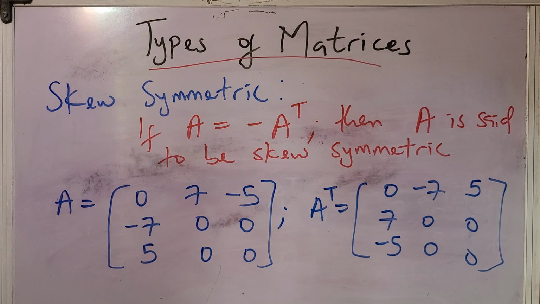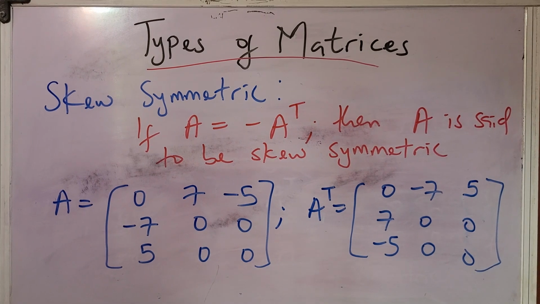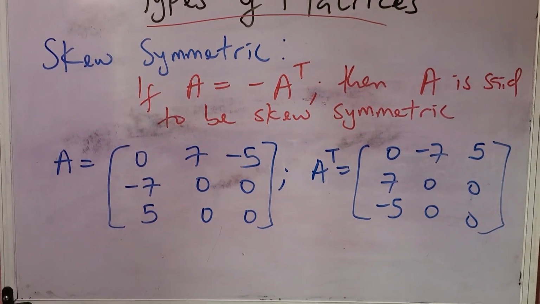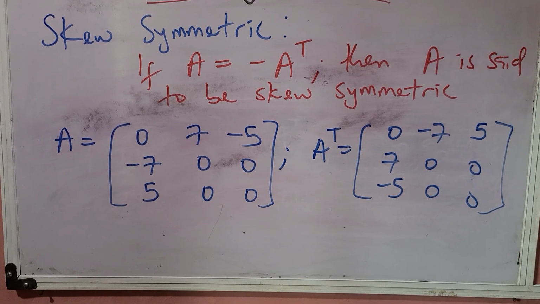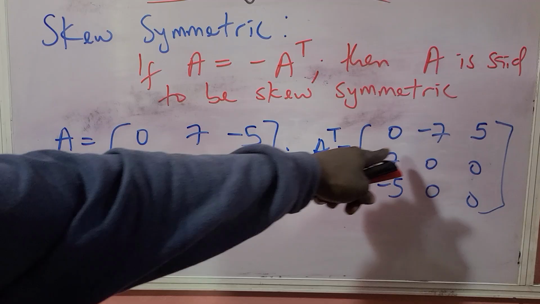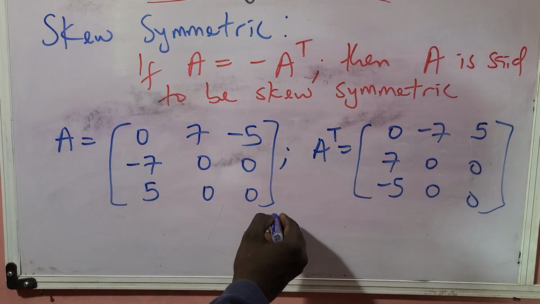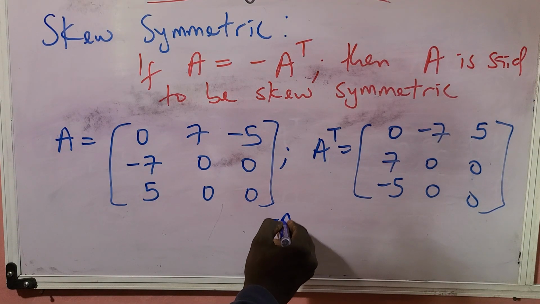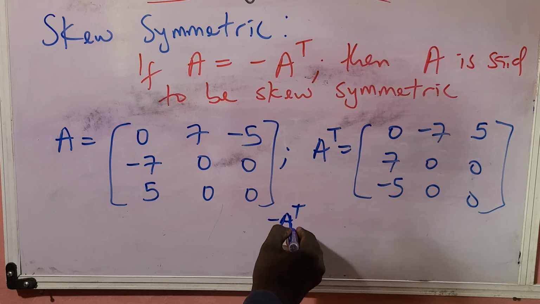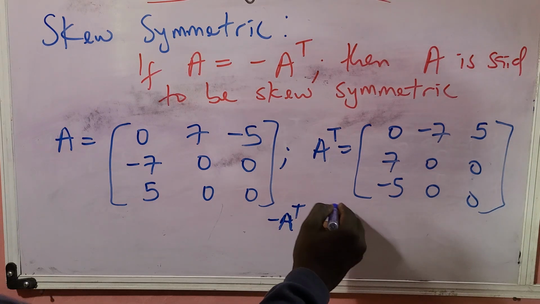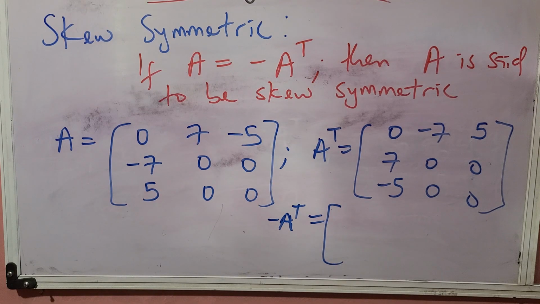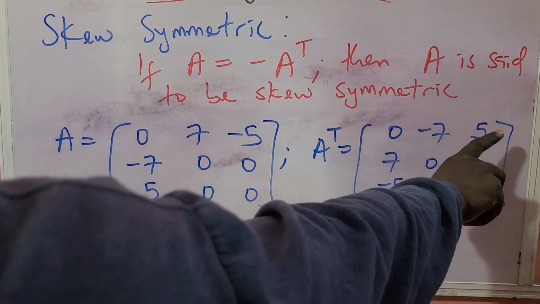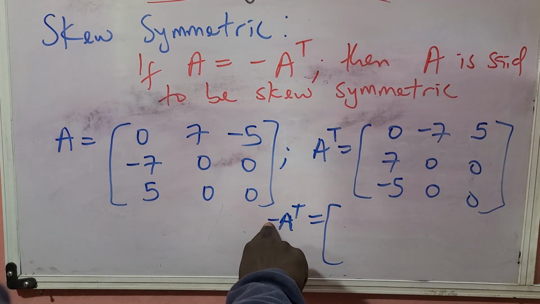But let's go on to find out if we decide to multiply A transpose by minus, that means if we try and find minus A transpose, what are we going to get? Minus A transpose will be us multiplying every element in matrix A transpose by minus.